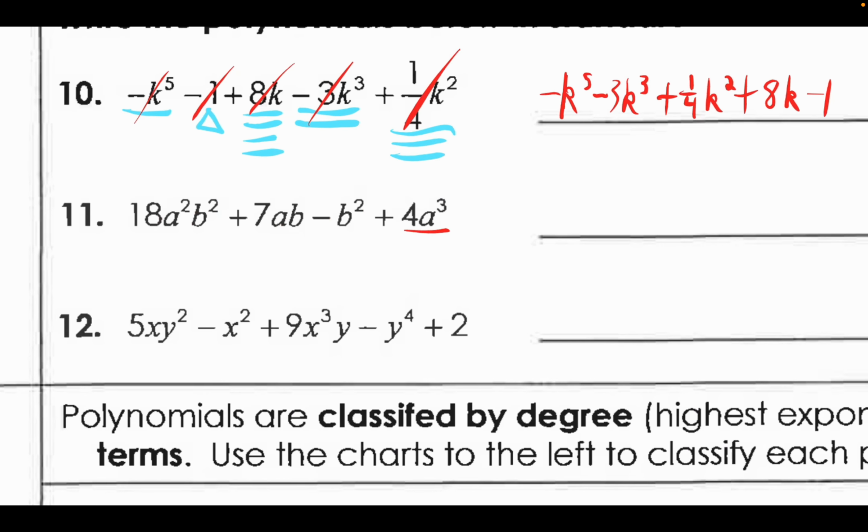Then, as far as what comes second, we look for the next highest exponent of A, which is this one with A squared. And then third comes the third highest exponent of A, which is 7ab. And then last comes one without an A, which is just B squared. If ever there is a tie between two terms, so let's just say, for example, that this had AB, and these then were tied as far as A to the first and A to the first, we break that tie by going to the next variable.